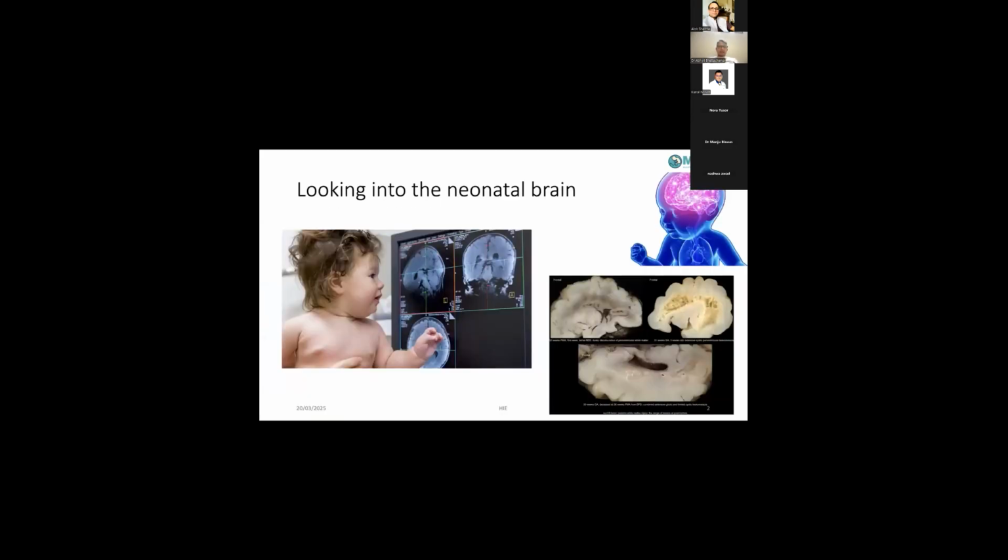Right. So looking into the neonatal brain was not a possibility until the 1960s. One of my hobbies is to read medical history, so it's quite fascinating and interesting, how we have evolved in terms of medicine as a whole.